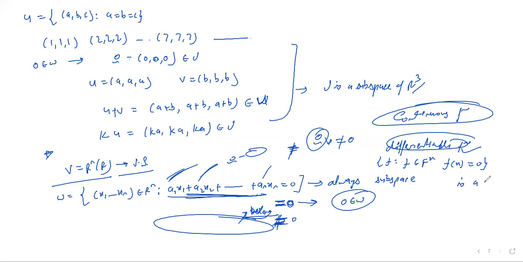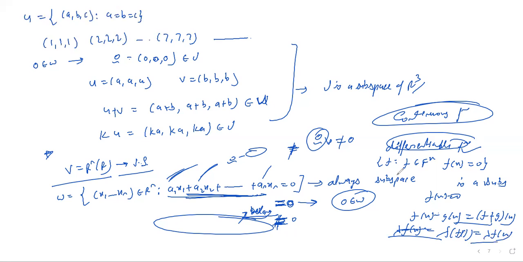Then it forms a subspace, as it contains the zero function. Then the sum f(x) + g(x) can be written as (f + g)(x), and this is the scalar multiple: (alpha f)(x) = alpha f(x). So this satisfies all three conditions. That is why continuous functions form subspaces, and similarly you can check that differentiable functions do too.